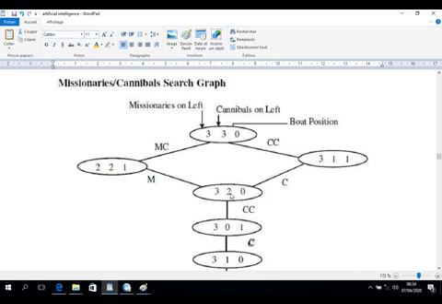You see, here the number of missionaries is greater than the number of cannibals. So the cannibals cannot eat the missionary. Now on the other side of the river we have 1 cannibal and 0 missionary. So no missionary can be eaten by cannibals.